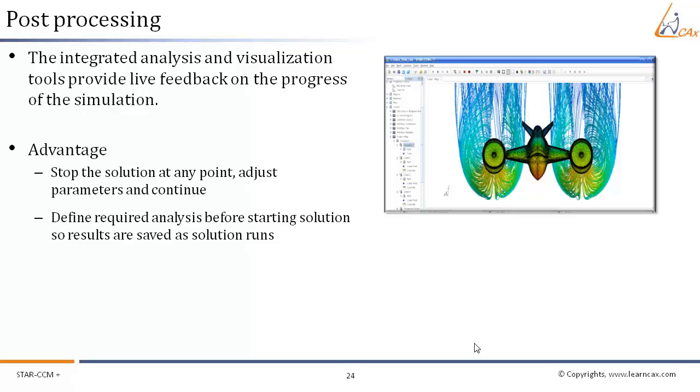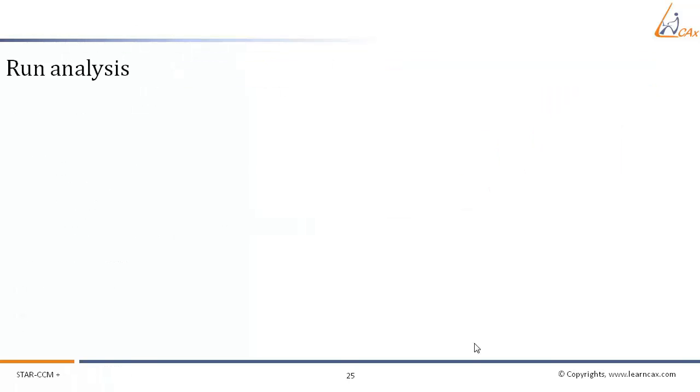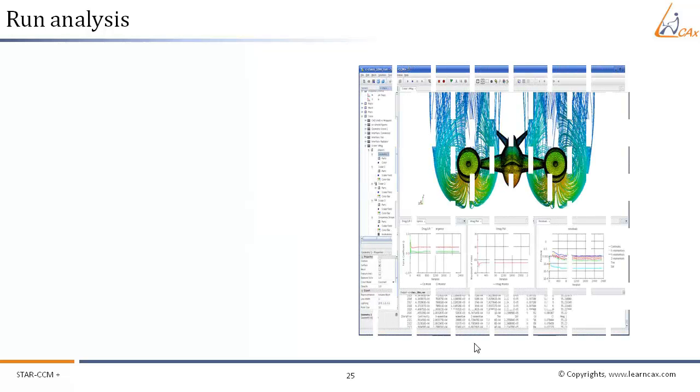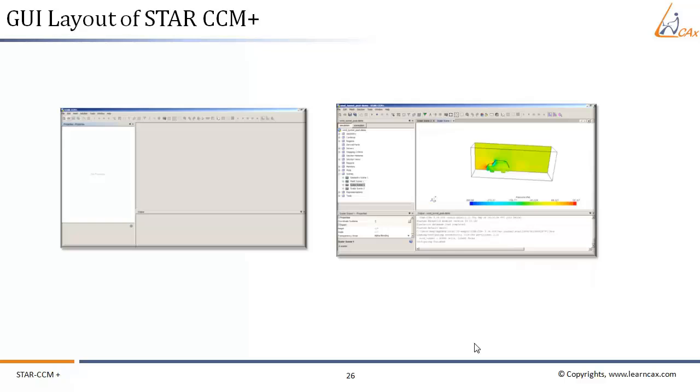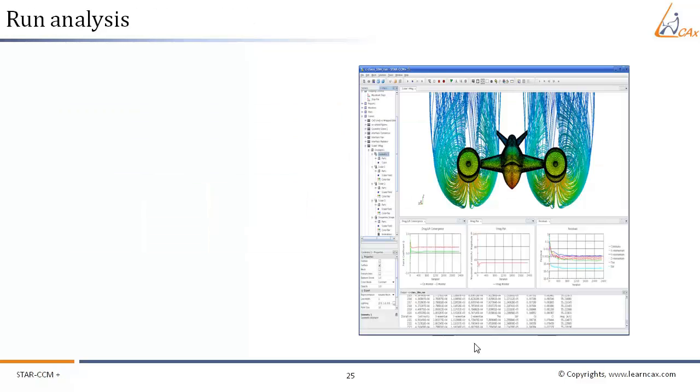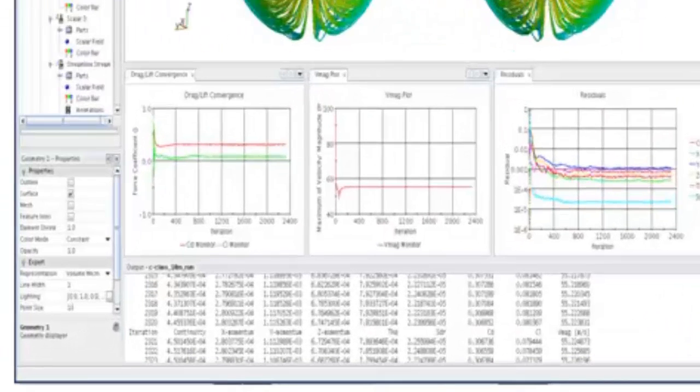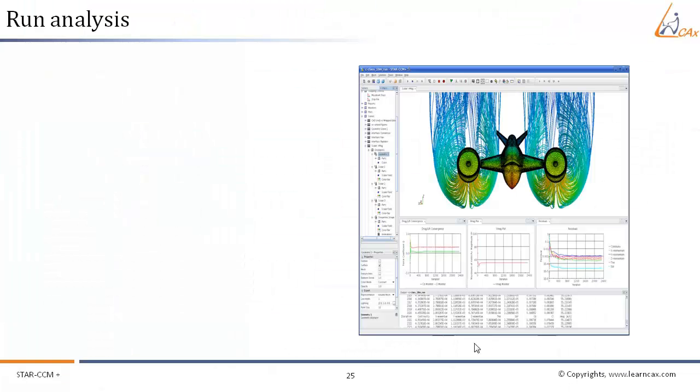We can also define required analysis before starting solution, so results are saved as the solution runs. After we set up the post-processing object, we have to start the run. While the run continues, we can view the progress of the simulation run using residual objects or the monitor option.